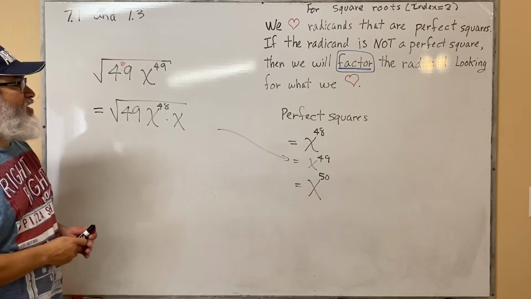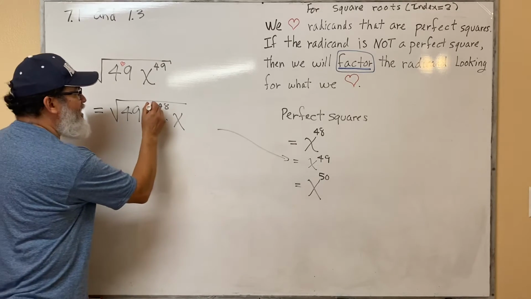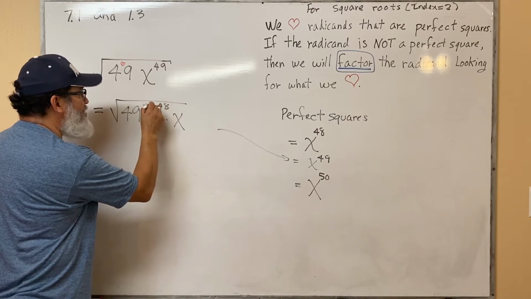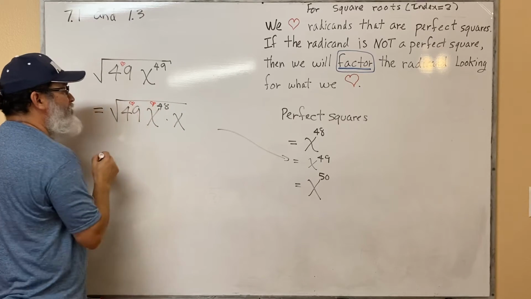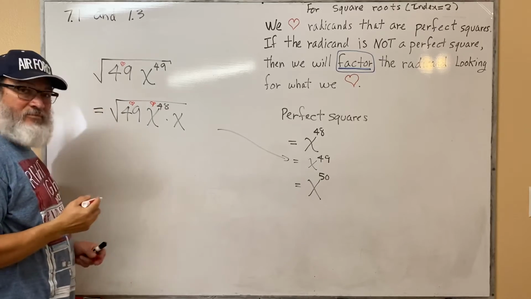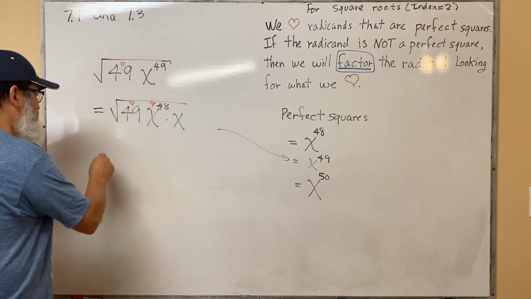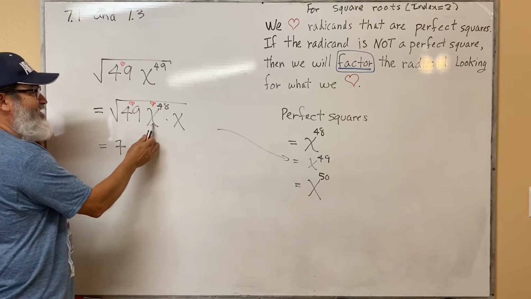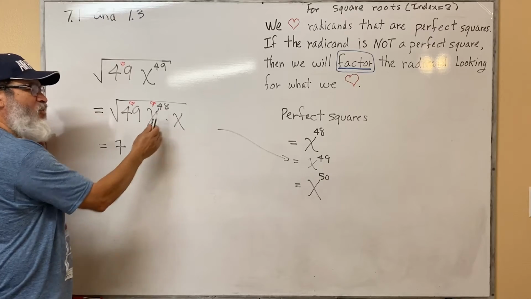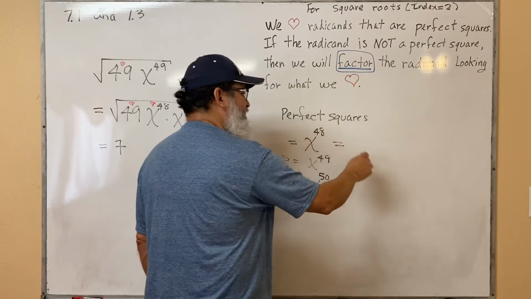But what's convenient about this? The fact that now this is a perfect square. Yes, it is. I put a heart there, and I will put a heart there because I love them. That's what you do to simplify. And what's the answer? The square root of 49 is 7. The square root of x to the 48th, what did we square to get x to the 48th?